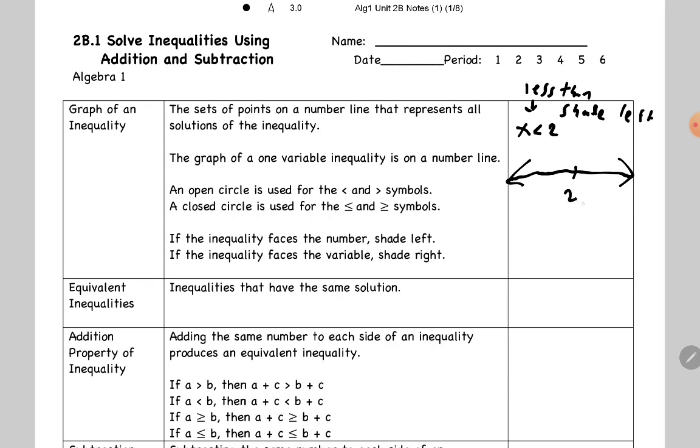So this is 2, and for less than, we make an open dot because it's not equal to 2, it's less than 2, and then we shade to the left. One way to think about it: if the inequality faces the number, shade left.